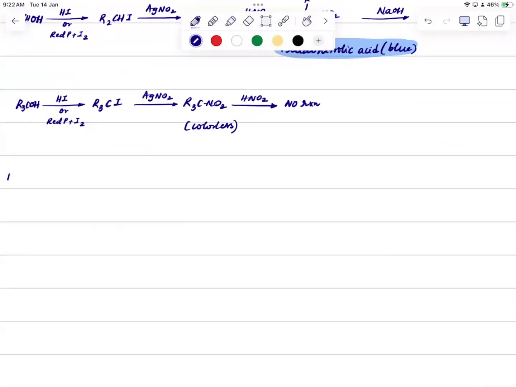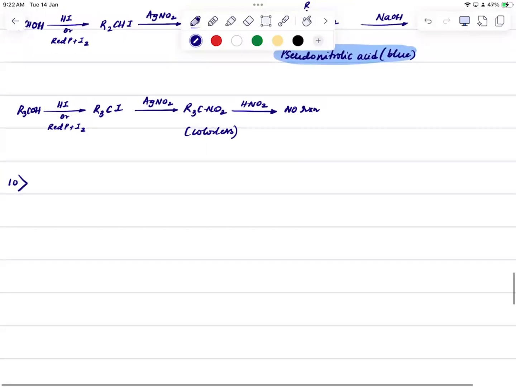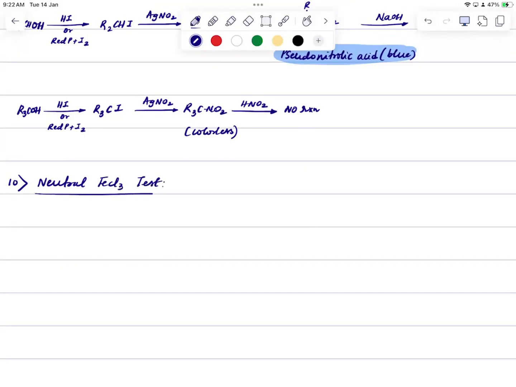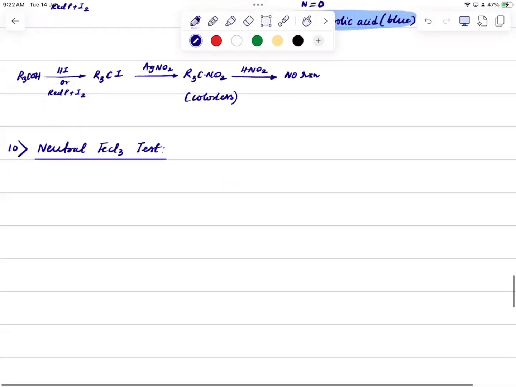Next, 10th one. Okay. Next one, neutral FeCl3 test. Neutral FeCl3 test. This is specifically used for phenols. Got it?